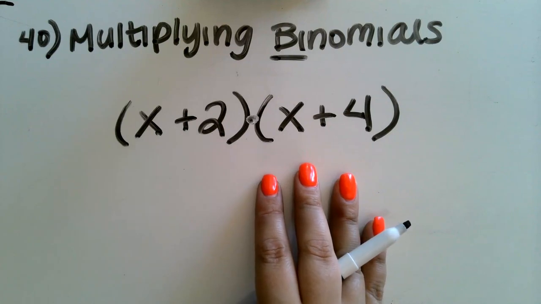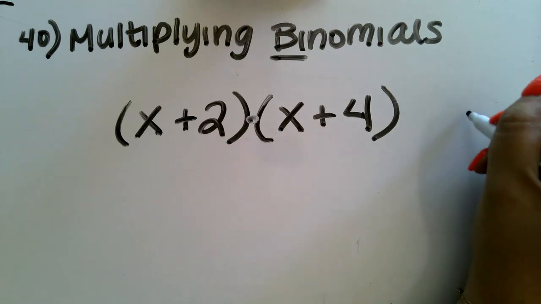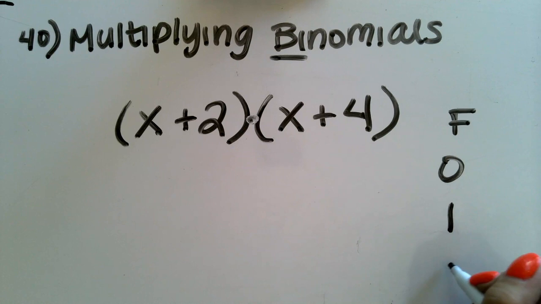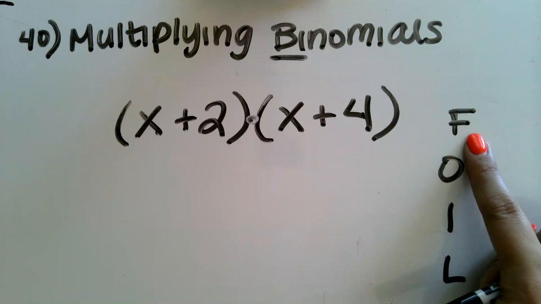Okay, so like I said, this is most commonly referred to as foiling. I'm going to run through this example before I give you the process as to how we do this. So foiling, F-O-I-L. This is an acronym that we utilize. The F is step one in our multiplication process of our binomials.